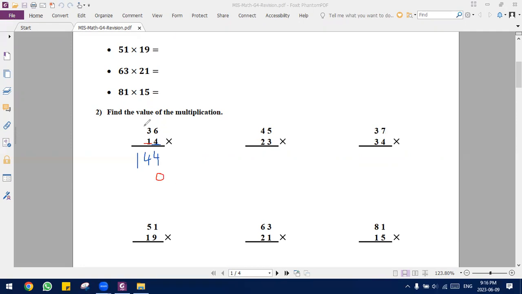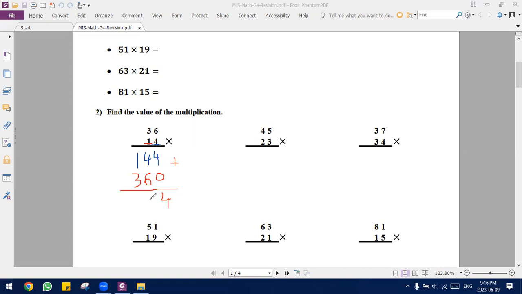Now we multiply 36 by 1. 6 times 1 is 6. 3 times 1 is 3. Now what should I do for this one? We should do the addition part. We need to add them. We start from the right side. 4 plus 0 is 4.